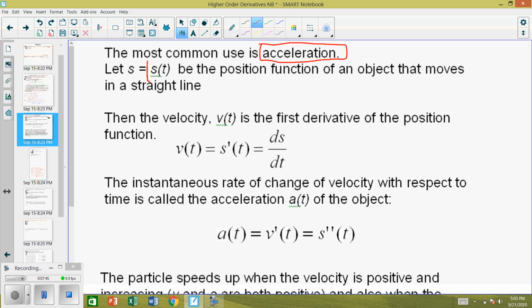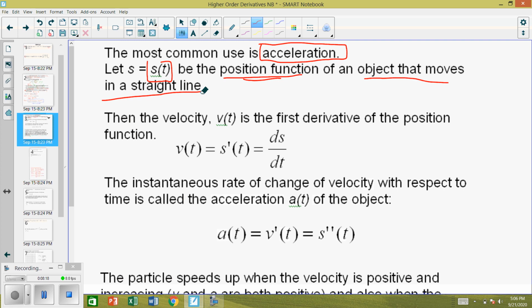And we talked about how s of t is the general notation in calculus that we use for the position function. So it tells us the position of an object that moves in a straight line. That doesn't always have to be the case, but s of t just means where I'm at at any given time, what position I'm at. After 5 minutes, I'm at 20 feet, as far as how far I've traveled, or something like that.